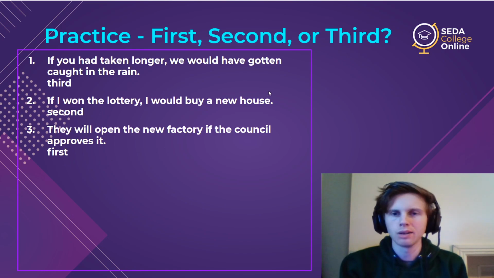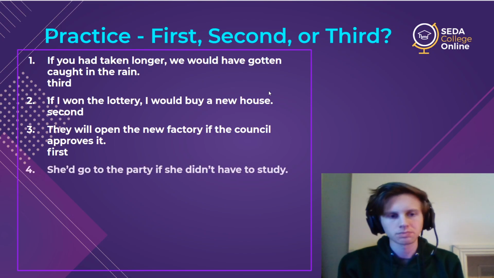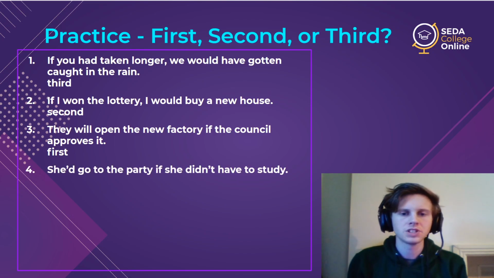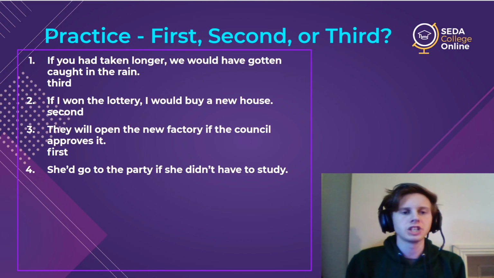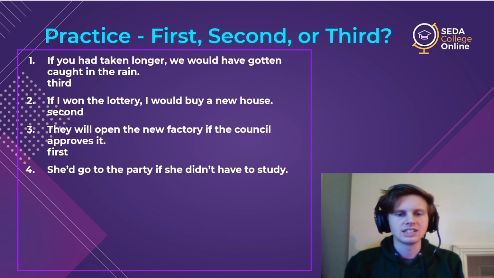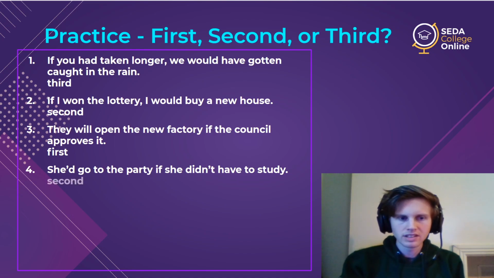So let's try now with some contractions. She'd go to the party if she didn't have to study. Yeah, so now it's a little trickier. First, second, or third. All right, make your guess. Let's check. Second.